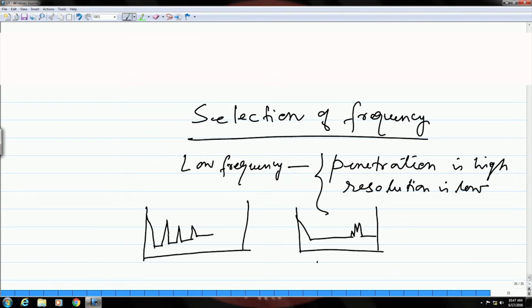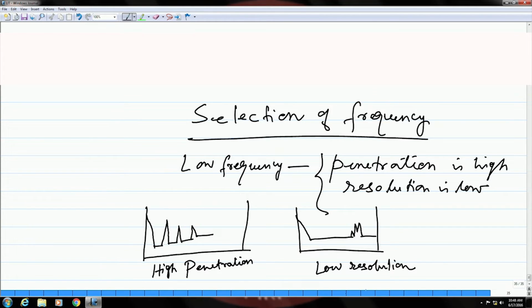So, this is low resolution when you have low frequency, but penetration is high. When penetration is high, that means the attenuation will also be lower, and as a result you will get high intensity peaks, like this, but you will compromise with the resolution.